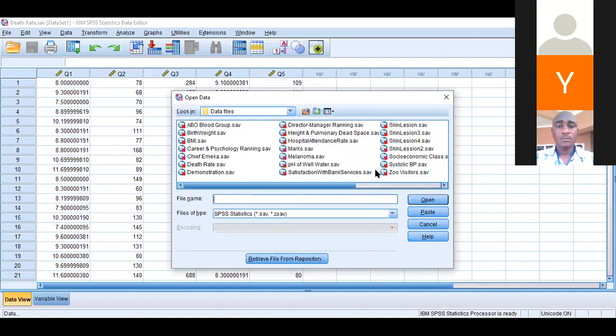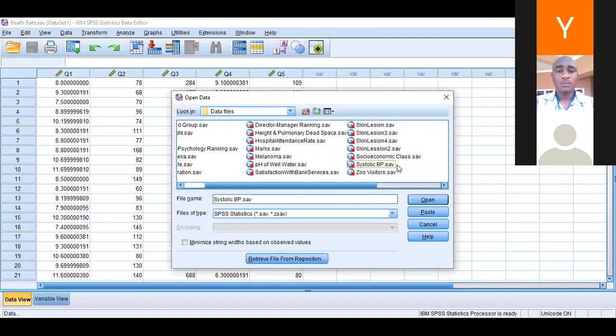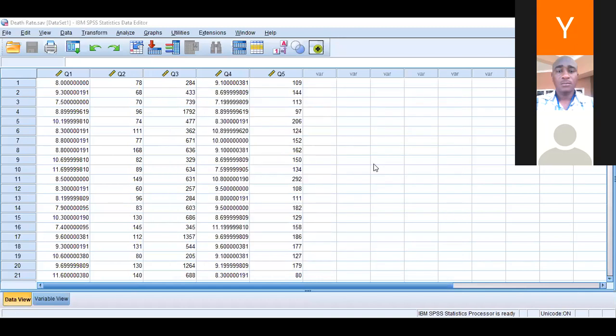Systolic blood pressure is part of the data. I'm looking for it. Okay, I've seen it. There are 3 variables here: the systolic blood pressure, the age, and weight.